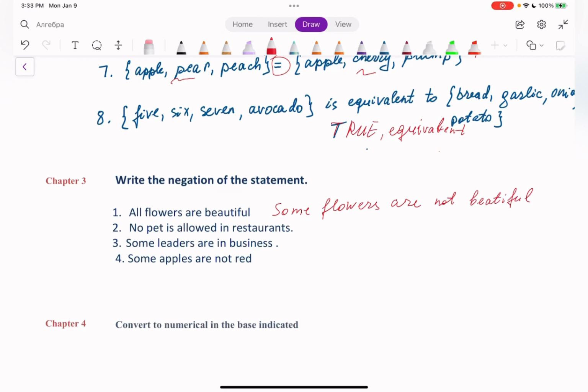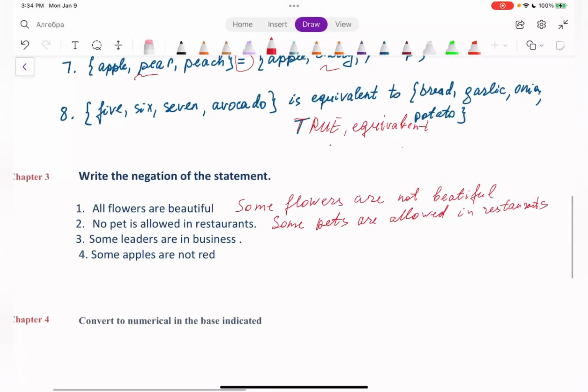Next one. No pet is allowed in restaurants. So the negation is going to be: some pets are allowed in restaurants.